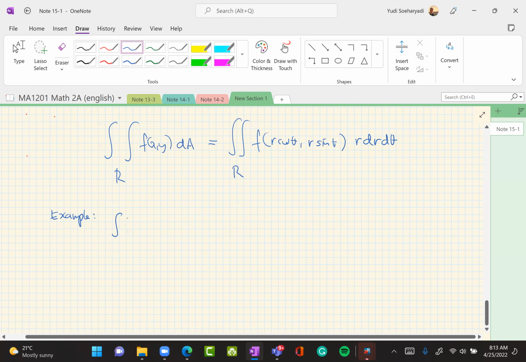Okay, so example. Let's compute one. I think this is the one from the beginning, but let's make it more complicated. This is the region R. This is x squared plus y squared equals 4, and this one.